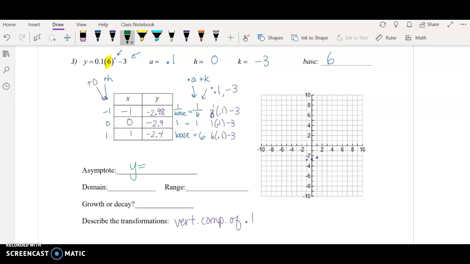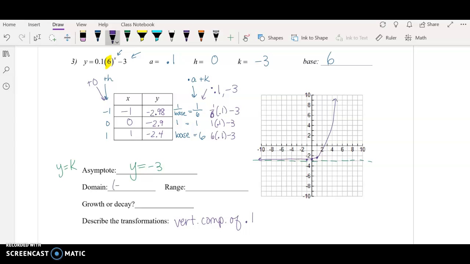It's always going to be y equals your k value, which in this case is -3. Once we figure that out, we draw your horizontal line across your graph so that we can graph this a little bit nicer. It's going to get close to that number, but never actually touch.